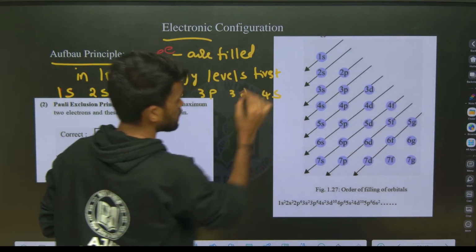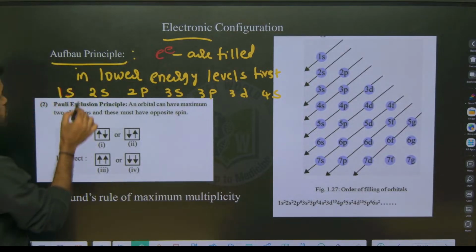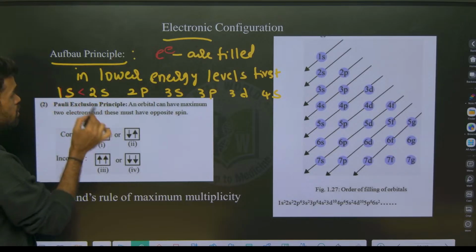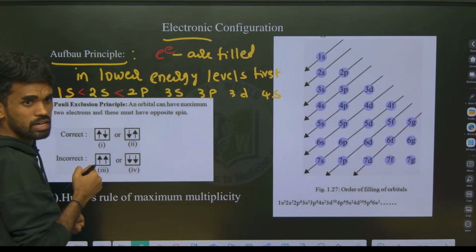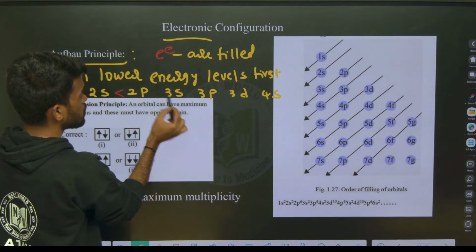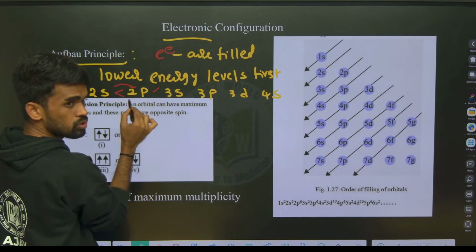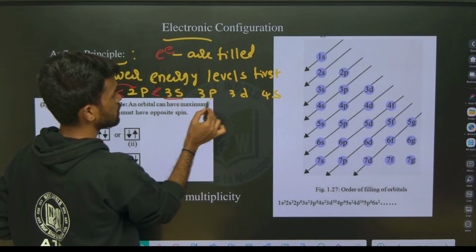The first electron enters 1s because it is the lowest energy. After that 2s, then 2p, which has higher energy. After that 3s, then 3p.